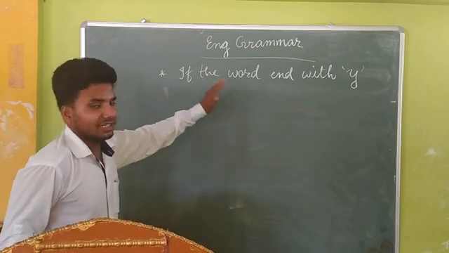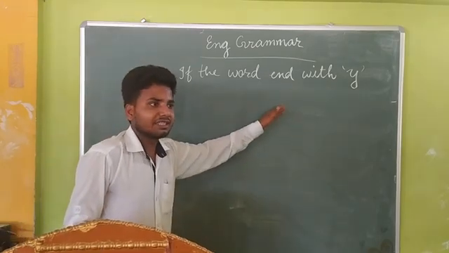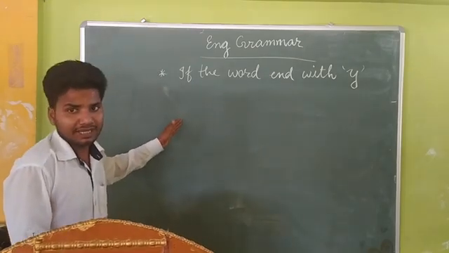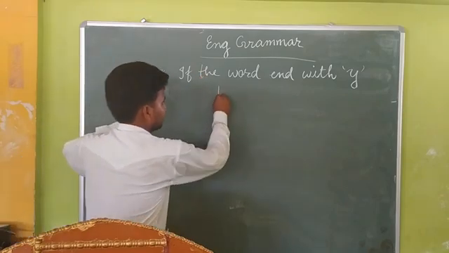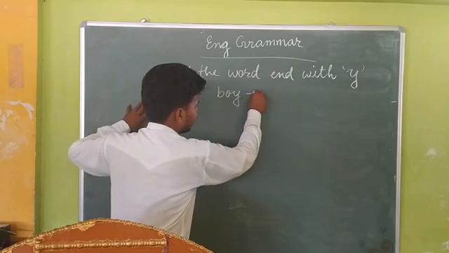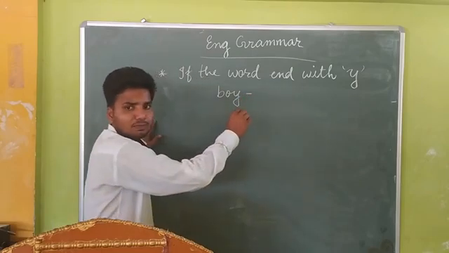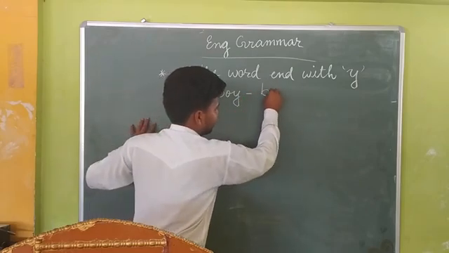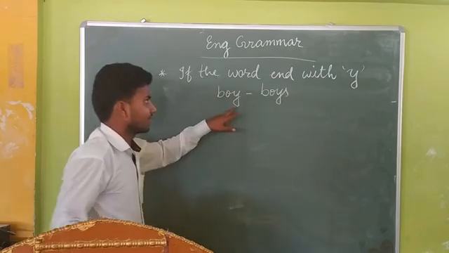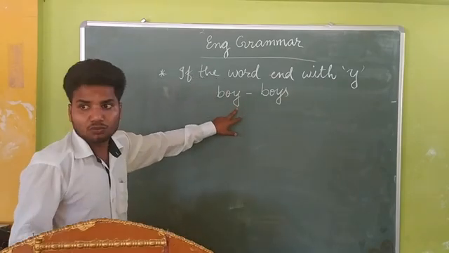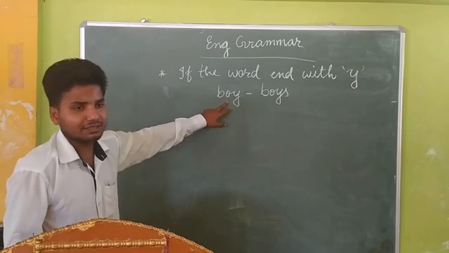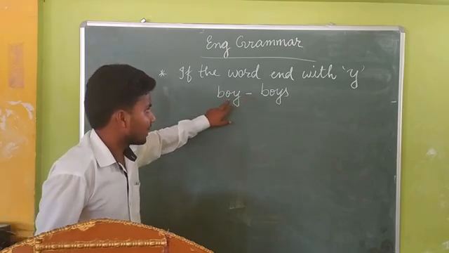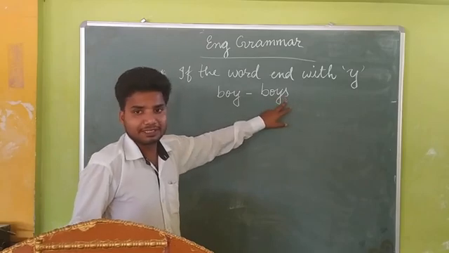If the word ends with y and there is a vowel just before y, then we use s only. For example, boy. Then the plural form of boy will be boys. You know why? Because just look at the word. The word ends with y, but there is a vowel just before y, so you should use only s to make it plural.